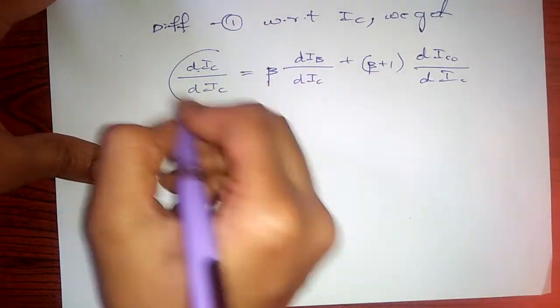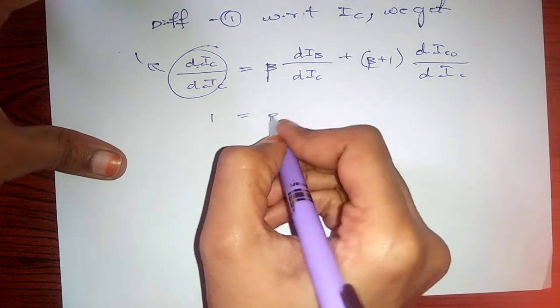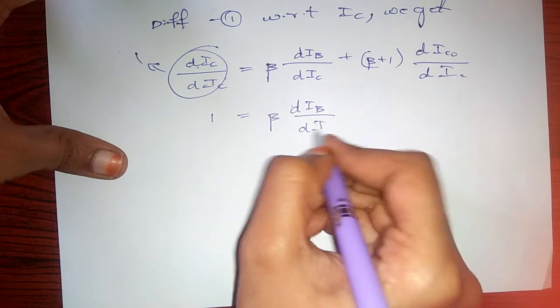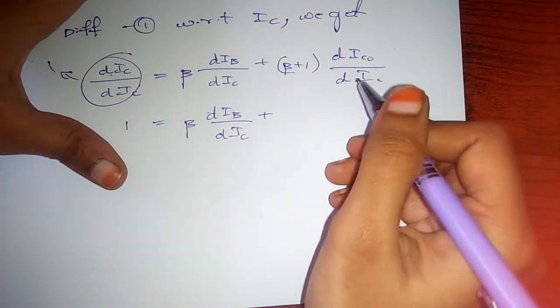So the whole term on the left is 1, so 1 is equal to beta dIB by dIC plus beta plus 1 times dICBO by dIC.